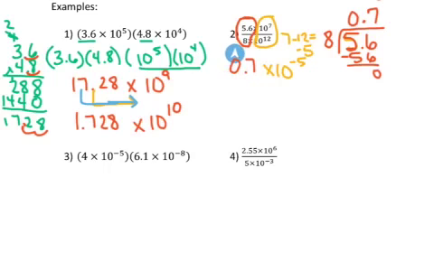I need this decimal point to be on the other side of the 7 so that it becomes a number between 1 and 10. This exponent here tells me I have to move my decimal point 5 times to the left. So I'm going to put an arrow and remind myself I have to move it 5 times to the left. But, like I said before, in order for this number to be between 1 and 10, my decimal point has to go here.